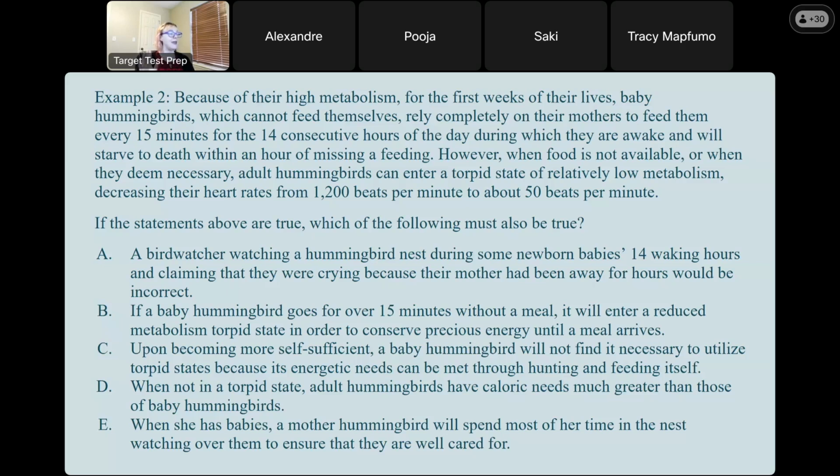It is possible that these mother hummingbirds are dropping by every 15 minutes for a couple of minutes to feed their babies and then flying away for 13 minutes. Does that sound so stressful? Yes, but it could be the case. And so since this one, even if it's probably true, isn't definitely true 100% of the time, it does not. So I'm thinking it's A.